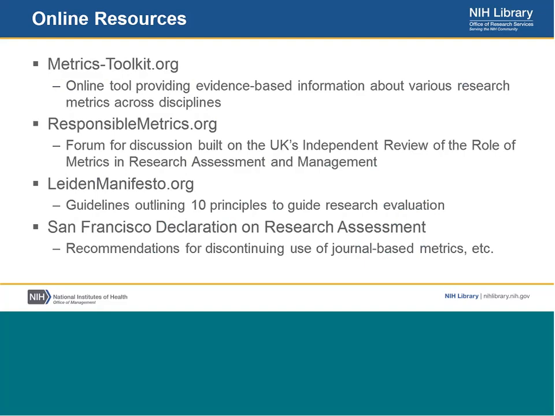And then there's also the Metrics Toolkit, which is a fairly recent site that was launched in the last year or so, which provides you with evidence-based information about the various research metrics that are available across disciplines. So you can go to this site and type in the name of a metric or indicator that you've heard about, and it will give you a brief description about how it's used and how it's misused.